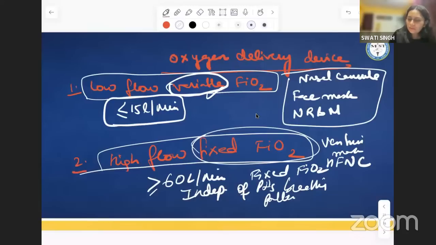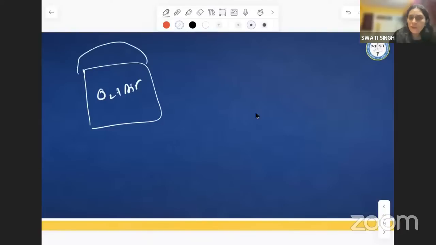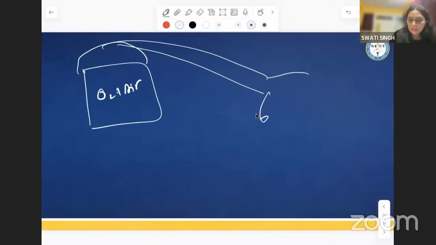Okay. HFNC, high flow nasal cannula. This can give up to 100% oxygen. Conventional nasal cannula is your low flow device. High flow nasal cannula is a special nasal cannula, which is based on the blending system. There is a blender which mixes oxygen and air. Then there is a humidifier attached to it. There's an inspiratory tubing and it is connected to the nasal cannula.